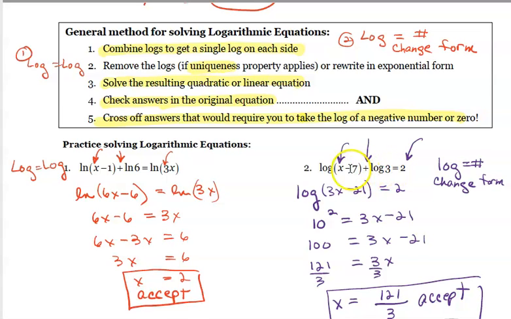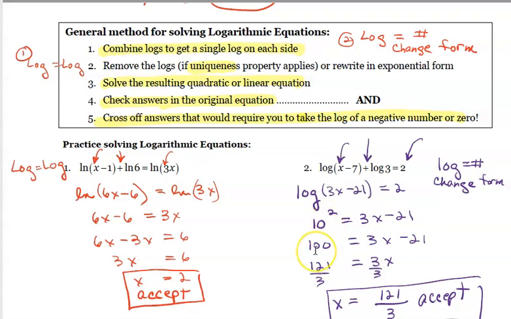So 3 times x minus 7, that's 3x minus 21, is going to equal 2. So 10 squared. Why did I say 10 squared? Because I'm changing the form, and there's no number here, so the base is 10. So 10 squared, because logs equal exponents, equals 3x minus 21.